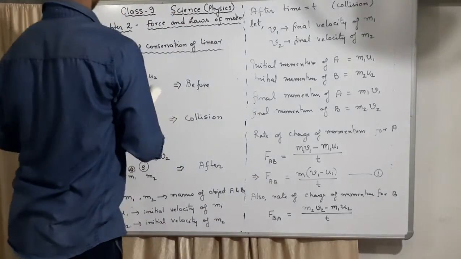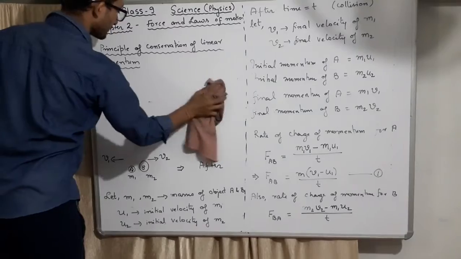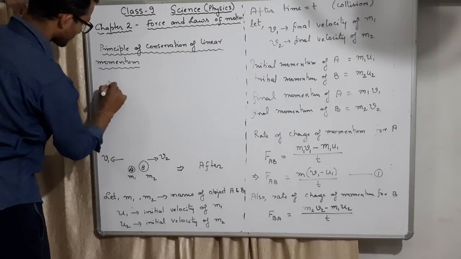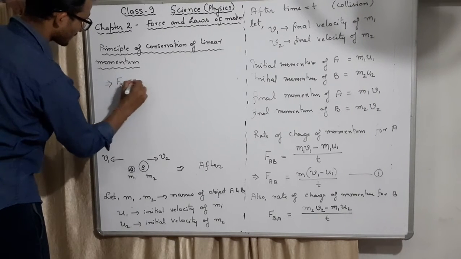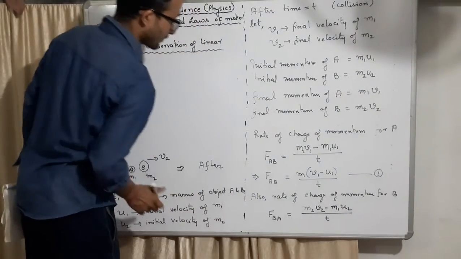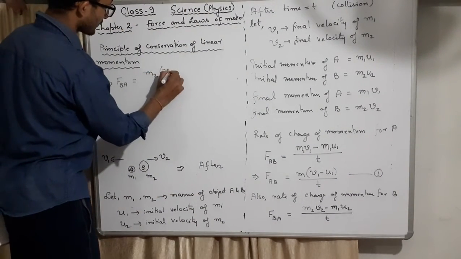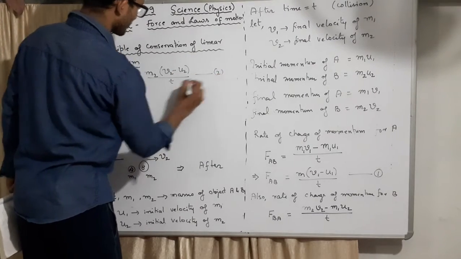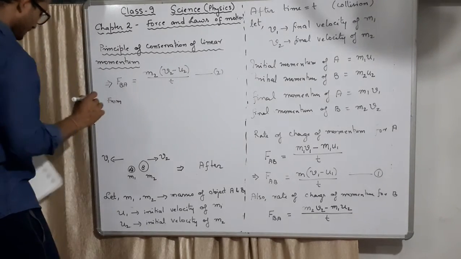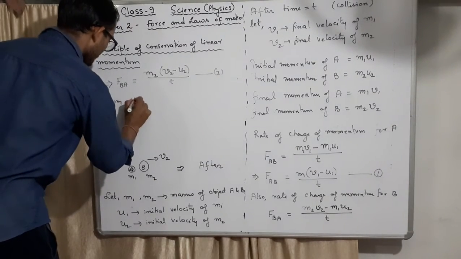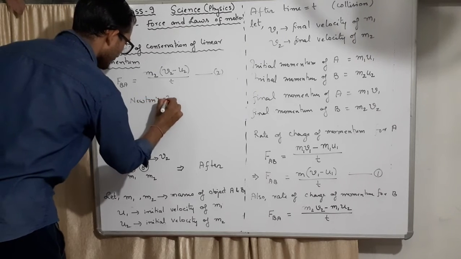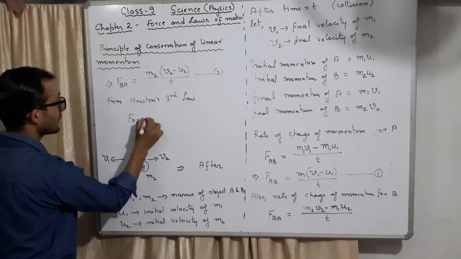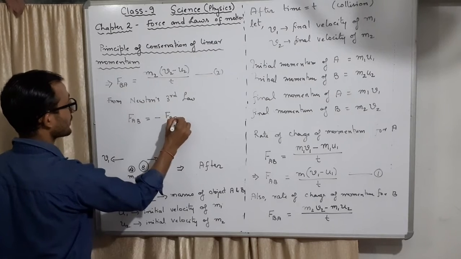We'll use the third law also here. FBA will be equal to M2 common, V2 minus U2 divided by T. From the third law, what we know here is FAB is equal to minus FBA.